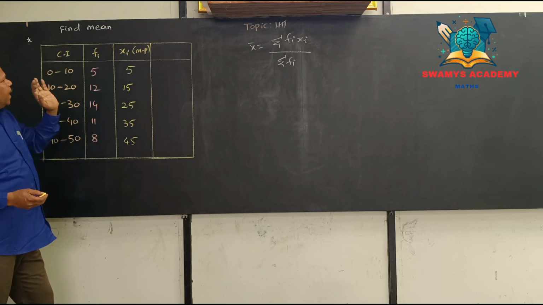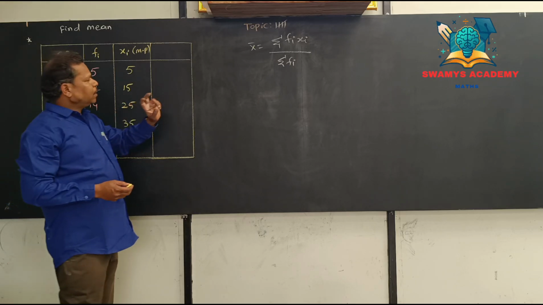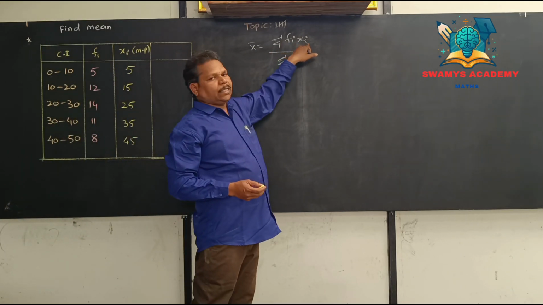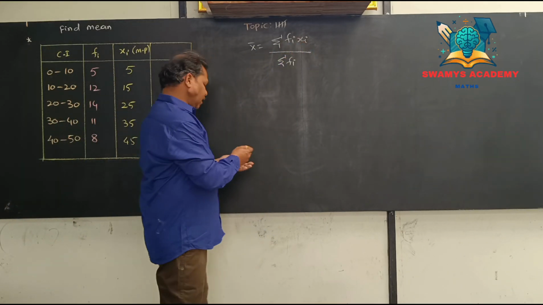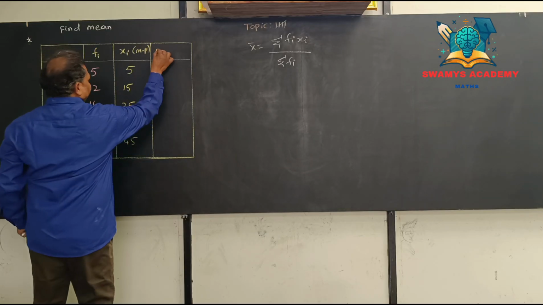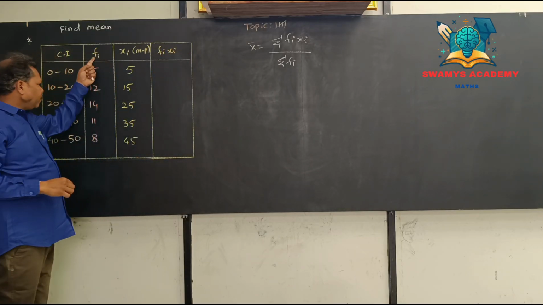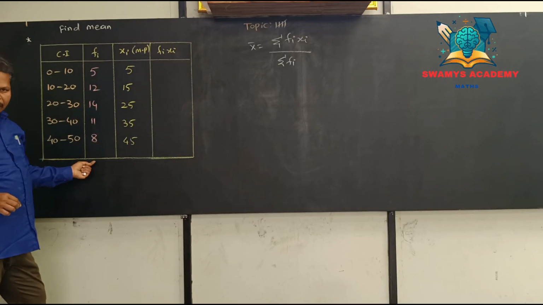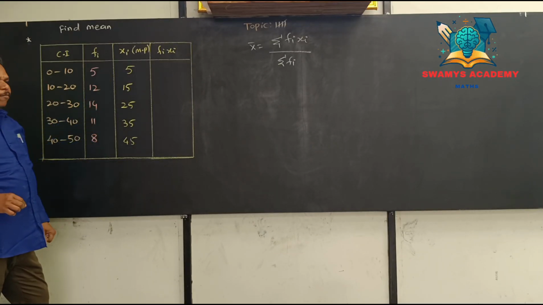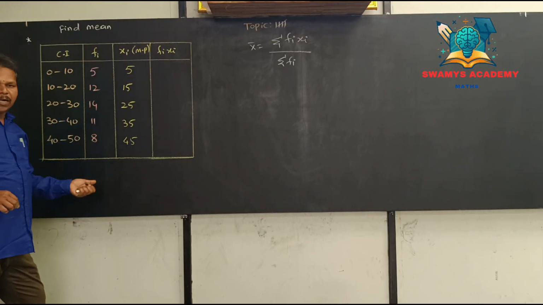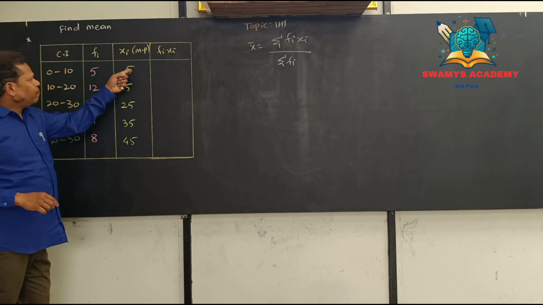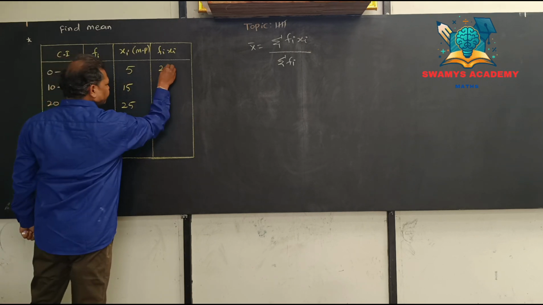Next, what we need to do here is fi into xi. You need to multiply fi with xi. The fi values are 5, 12, 14, 11, 8. The xi values are 5, 15, 25, 35, 45. So multiply: 5 fives are 25.